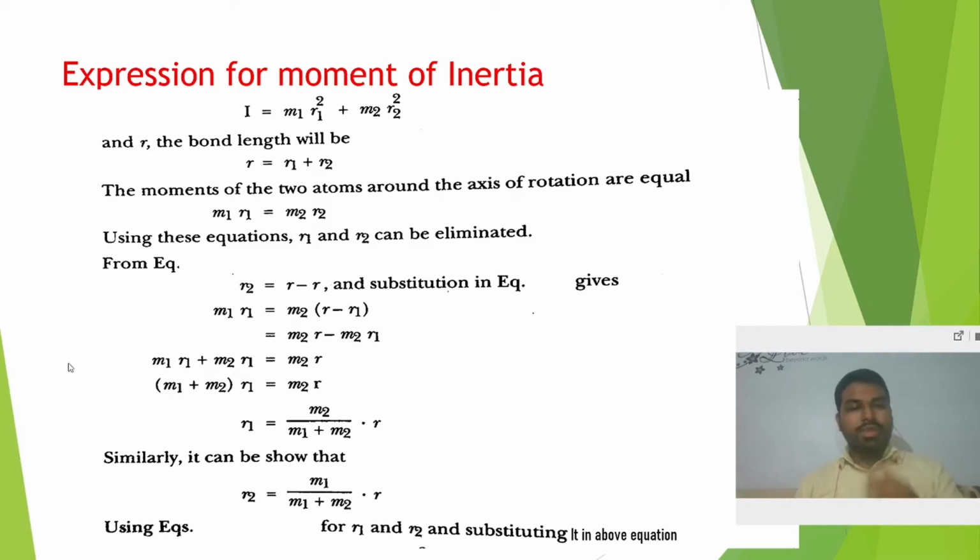Okay, now m1 r1 plus m2 r1 is equals to m2 r. What we have done, we have taken the terms over here, and the m2 r term is kept as it is. Now we will take out the similar term, that is m1 plus m2, masses we have taken it out, and r1 we have separated, and m2 r.